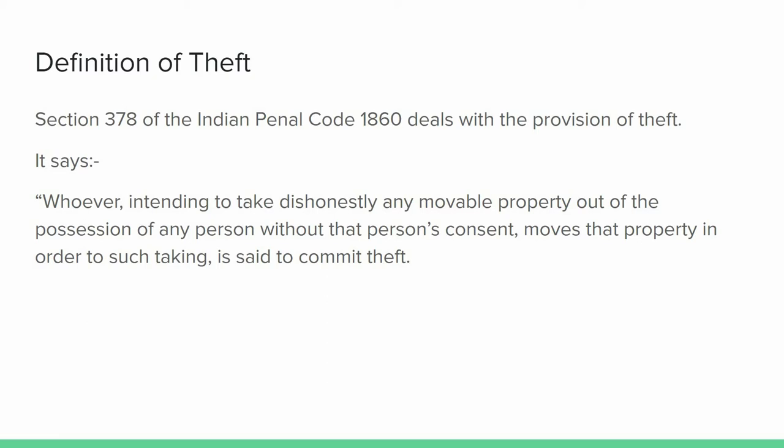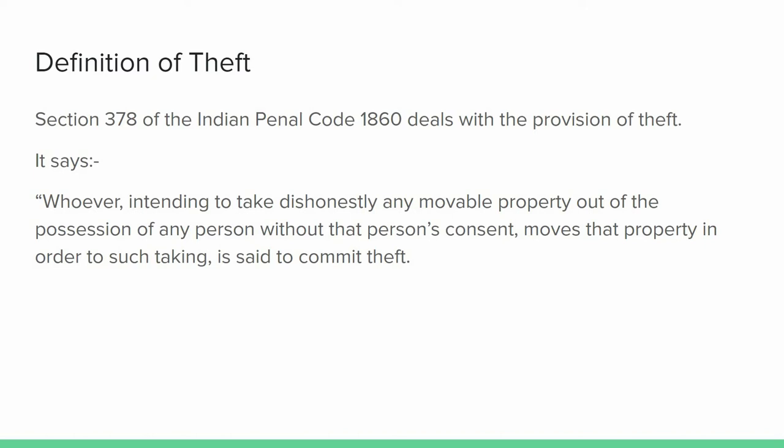Now what does it mean? It means anyone who has a dishonest intention to take any movable property, any valuable property like your laptop, TV, chair, table, anything that can be moved, out of your possession. Suppose one person broke into your house and his intention was dishonest.